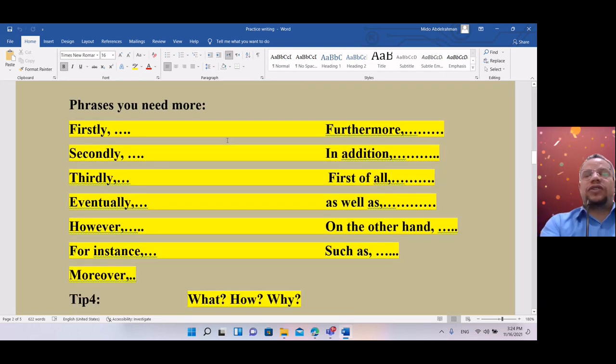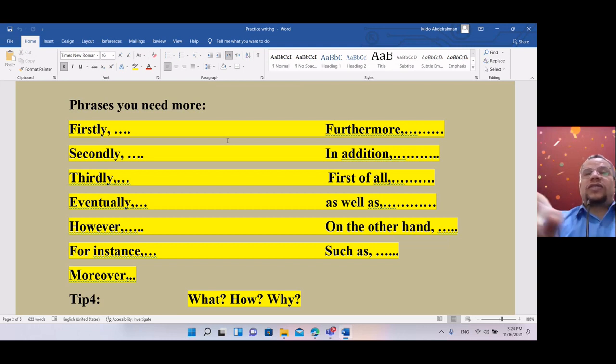But before the answer, you have to know some connection words: a word you can start with, a word in the middle, a word at the end, how to move from one opinion to another, and so on. Here are examples of the main and most usable words or phrases. Firstly: if you have a series of actions or incidents, you can say firstly, secondly, thirdly, eventually, which means finally.